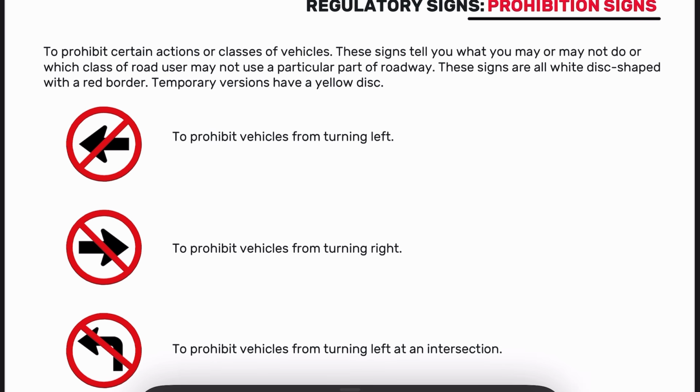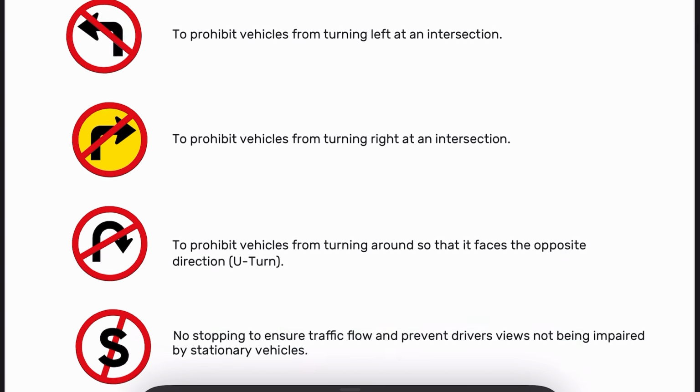Okay, so how are you going to see the prohibition sign? You see them with a red circle. They are circled with red. The sign is red and white, yes, but the red is just the borders. It's a circle that has red borders. You know that it's a prohibition sign.